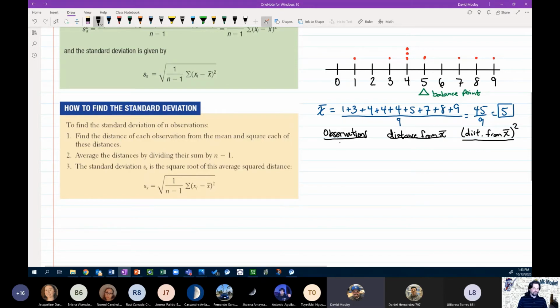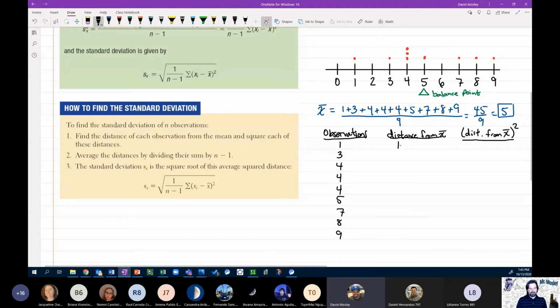Next, we'll list our observations. We have 1, 3, 4, 4, 4, 5, 7, 8, and lastly 9. And to find our distance from the mean, we'll just subtract the mean from the observation.